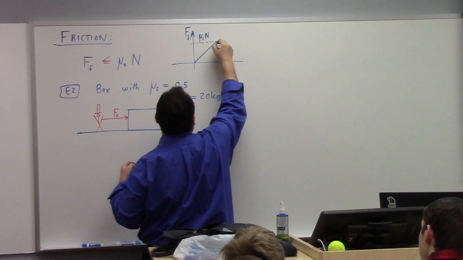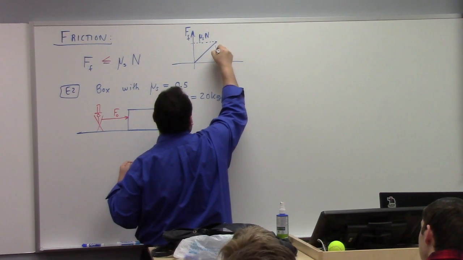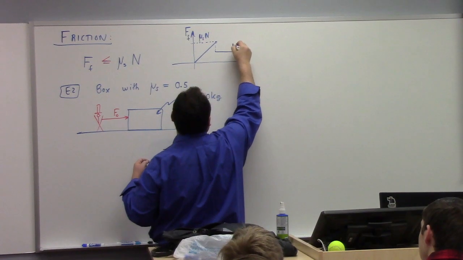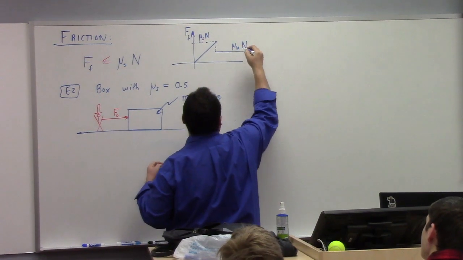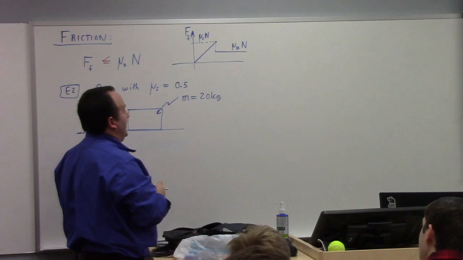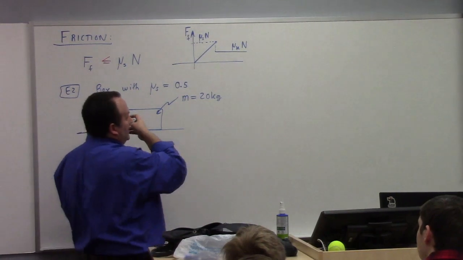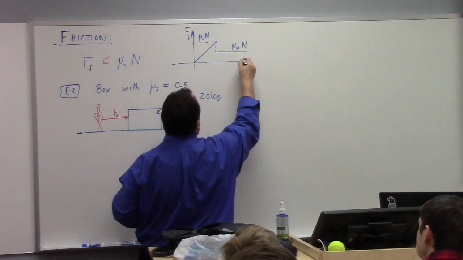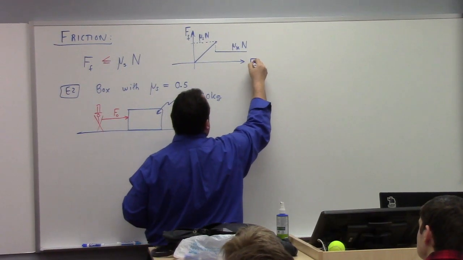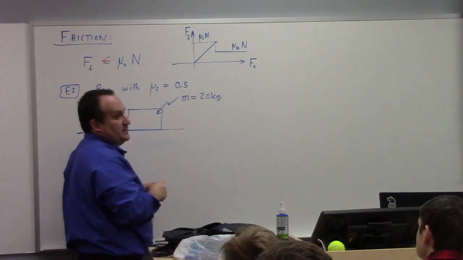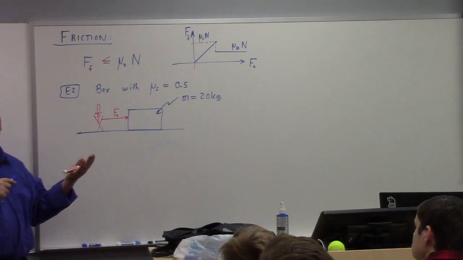Past that, it typically drops back down, and down here you have mu sub k times n. That's the force of friction once you get past a certain amount. This is the force applied, essentially, F naught.